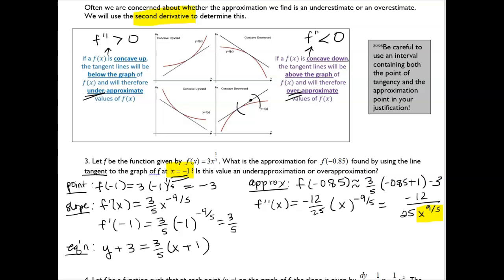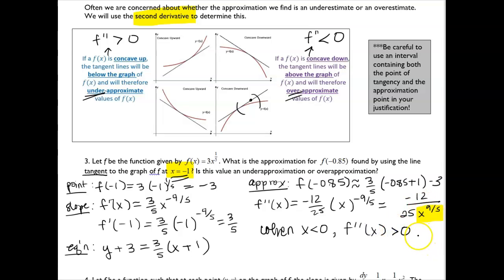So for our justification, we're going to say when x is less than 0, you could give a smaller interval like between 0 and -1 or something that contains both -1 and -0.85. So x less than 0 definitely covers that. So when x is less than 0, f double prime of x is greater than 0.